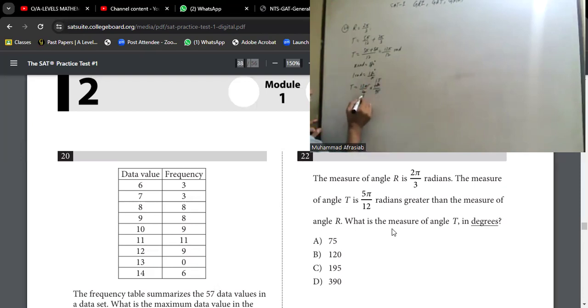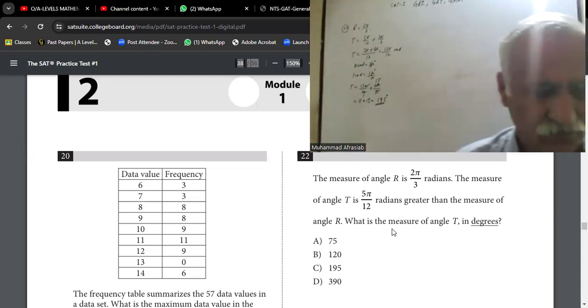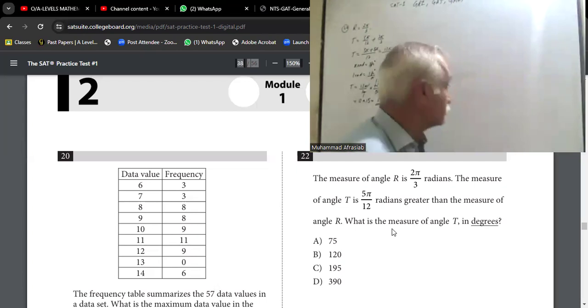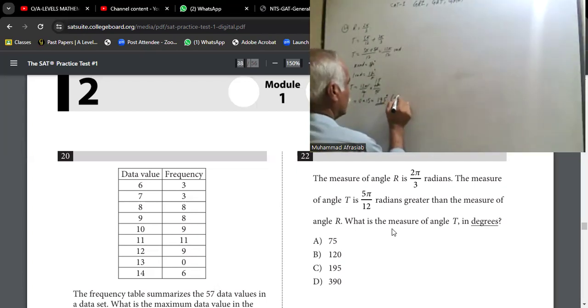So 13 into 15, so 195 degrees. So the answer to this question is C. So C is the choice for question number 22.